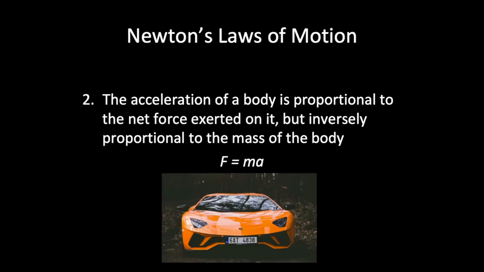So even turning requires force. Turning would be an acceleration. So circular motion requires a force. The second law is often remembered as F equals ma, though it would be more accurate to say a equals F over m.